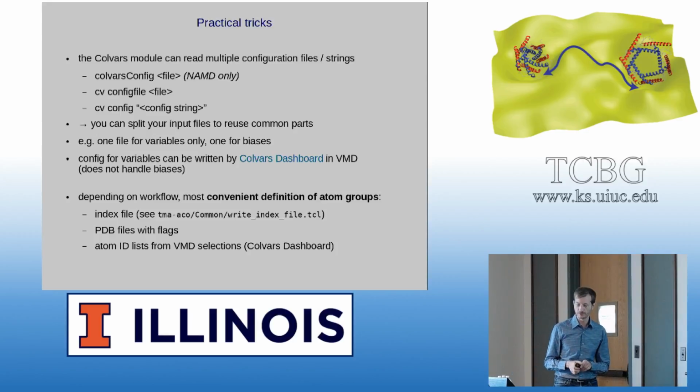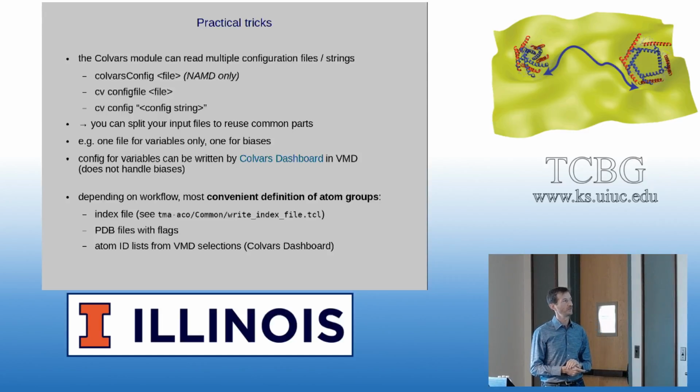Another thing is if you're visually exploring the relevant atom groups, or you create representations in VMD with different groups, and then you want to use one of these represented groups as an atom group in Colvars. Well, in the Colvars dashboard editor, there is a list of representations. You can just select one of these representations and insert those atoms into your Colvar. I think that will be even clearer when you're looking at that.